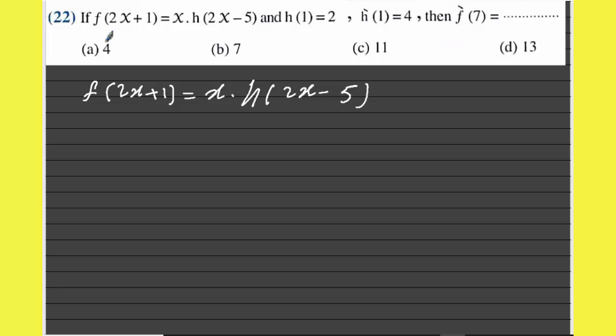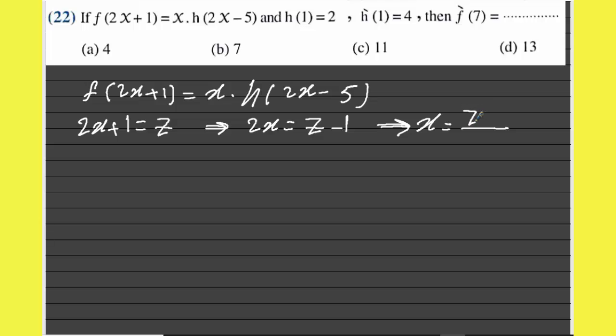First, I must simplify this function by substituting 2x plus 1 equals z. Then 2x equals z minus 1, which implies x equals z minus 1 over 2.